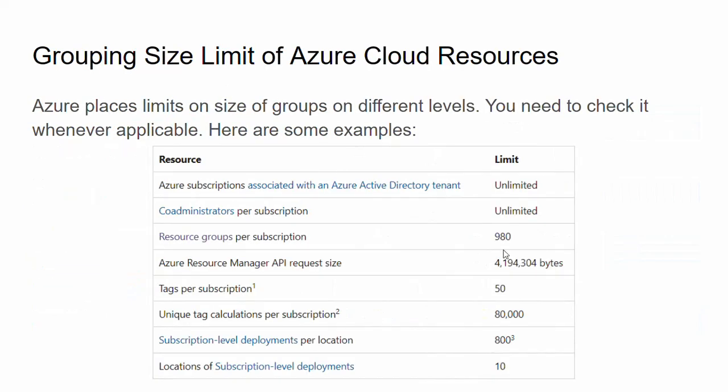There are different things that you can place limits on, and Microsoft will keep on changing that. The purpose of showing this is not so that you remember, say, that the number of subscription-level deployment locations can only be 10. Not like this.